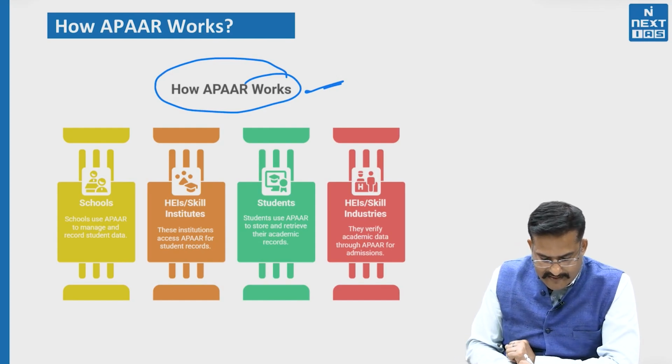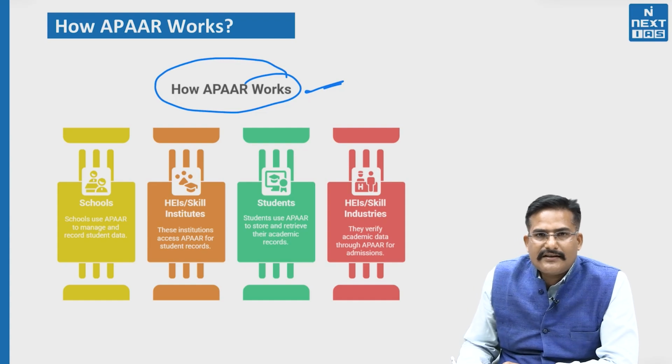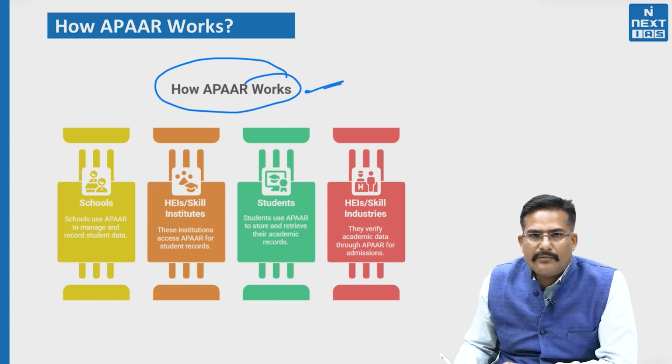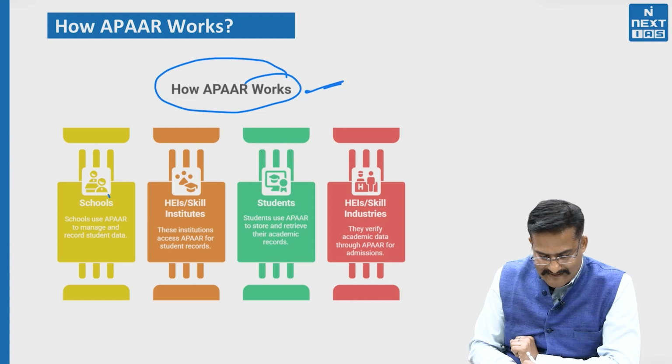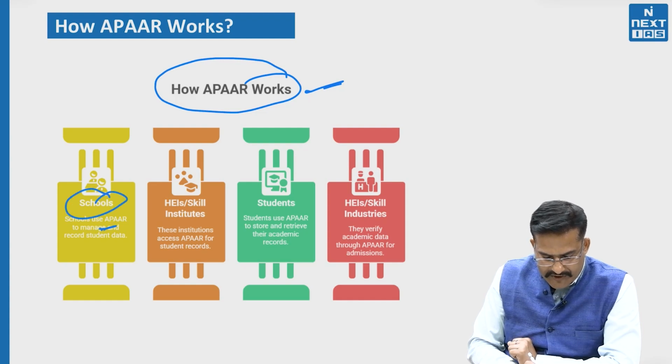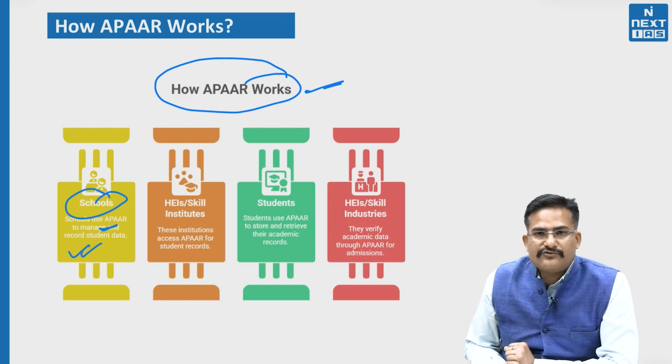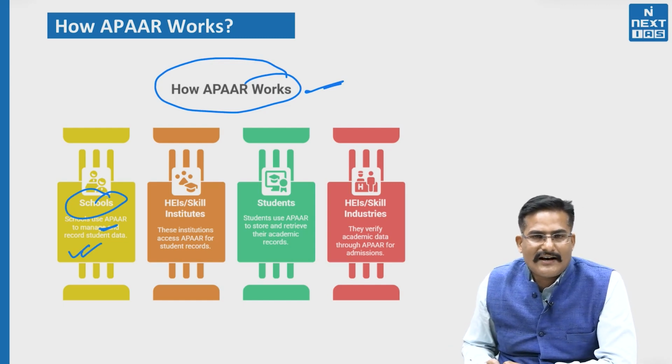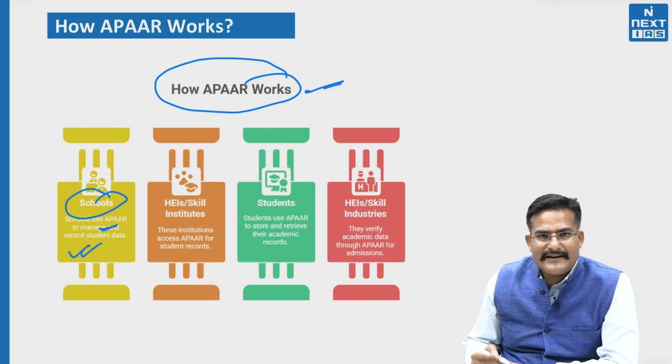What happens? There are multiple stakeholders in generating the data related to APAAR. Who are those stakeholders? There is the school, which uses APAAR to manage the records of the students. For example, what is the class, what is the demographic profile, what is the score of a student. These are maintained by whom?